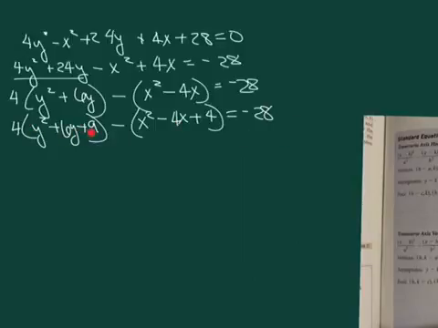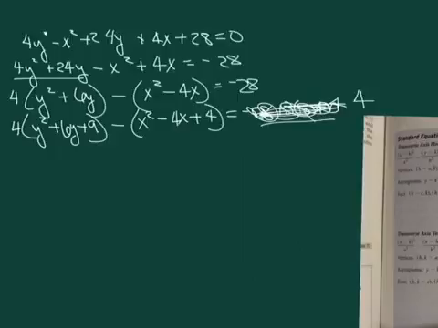So what did I just add? I added 9 times 4, I added a 36. And I added a 4 here. So this here is going to change from a negative 28 plus 36 minus 4 to just a positive 4. So let's just take that out, and I'm just going to put a positive 4 there.